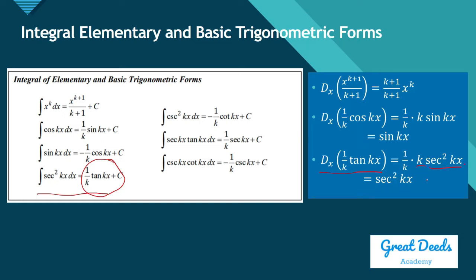K divided by k is 1, and you are left with this. So what this is telling you is you cannot do away with knowing the derivatives of functions, and that means remembering the list.